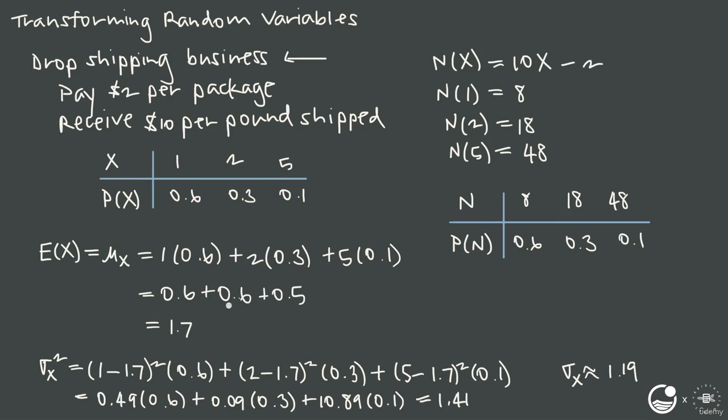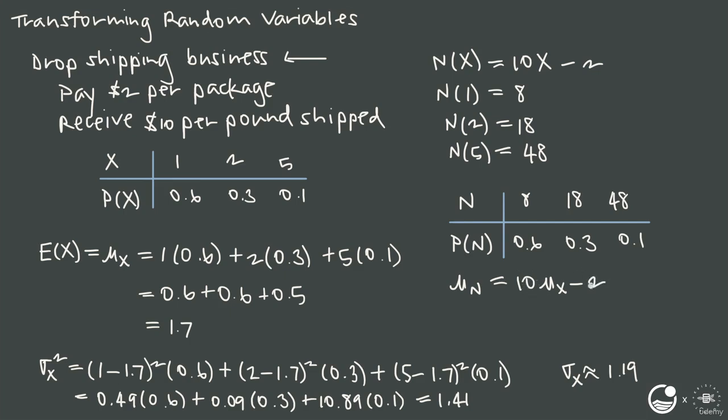So if you remember, we said that the mean was affected by shifting, and it was also affected by scaling. What we can do then is say that our new mean, so instead of mu sub x, which represents the mean of the original discrete random variable x, we'll say that mu sub n, the mean representing this new discrete random variable n, has to be equal to, remember we set up this equation for n in terms of x, so instead of 10 times x minus 2, we'll say 10 times the original mean, so mu sub x, and then minus 2.